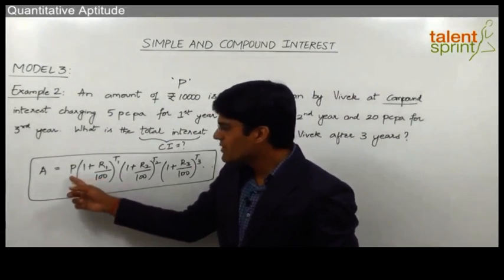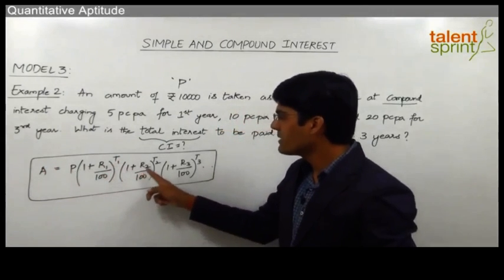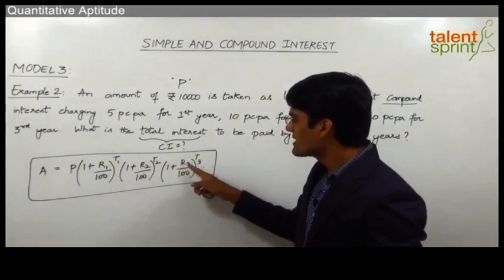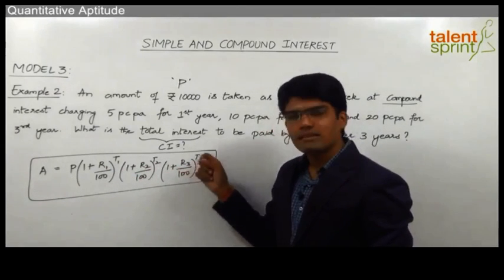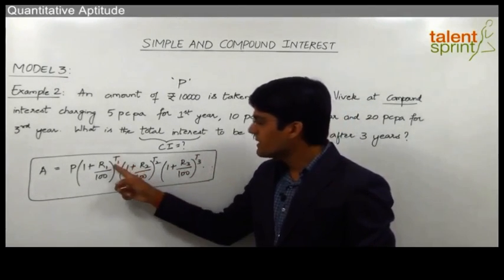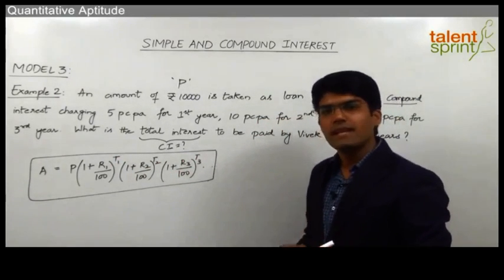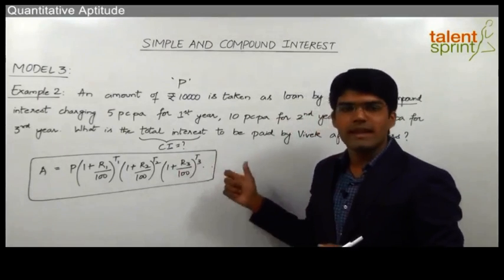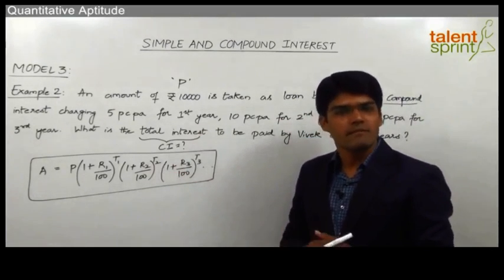Since the principal is common, it is taken out. We have (1 plus R1 by 100) power T1, (1 plus R2 by 100) power T2, (1 plus R3 by 100) power T3, where R1, R2 and R3 are the different rates of interest for different periods T1, T2 and T3. So with the help of this formula, we can find out the total amount at the end of the given period, and from this amount, when the principal is subtracted, we can find out the compound interest.